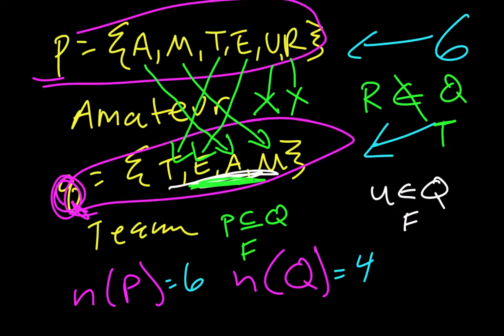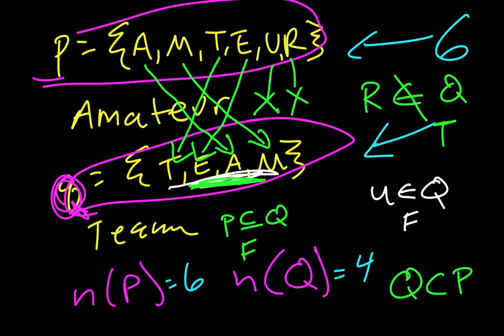Okay, and the last one, Q is a proper subset of P. Now, just the nuance between subset and proper subset. Let's talk about subset first. For subset, where the line's under it, it means that all the elements in the first one are found in the second one.